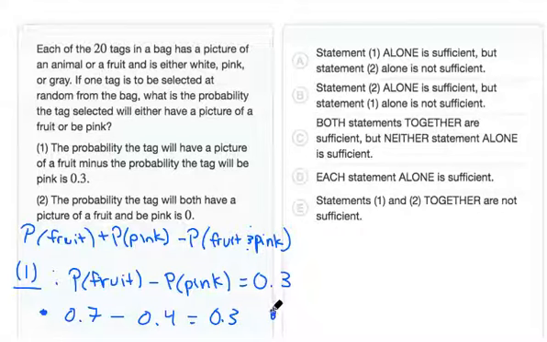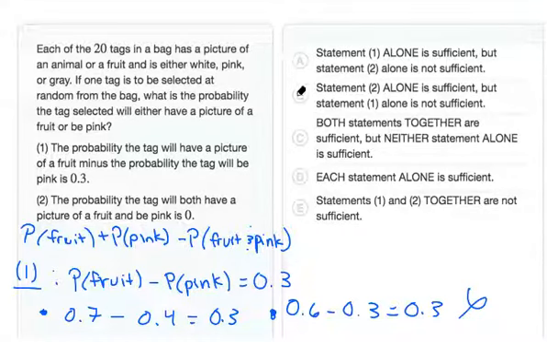But test another case where maybe the probability of picking a fruit is 0.6 and picking one that's pink is 0.3, and the difference is still 0.3. Since we don't know the values of picking a fruit or picking pink individually, we can't determine the probability asked for. So this statement alone is not sufficient.